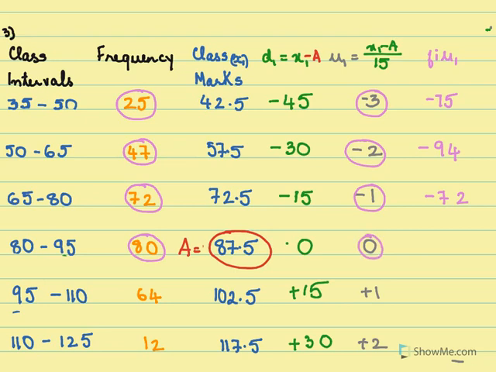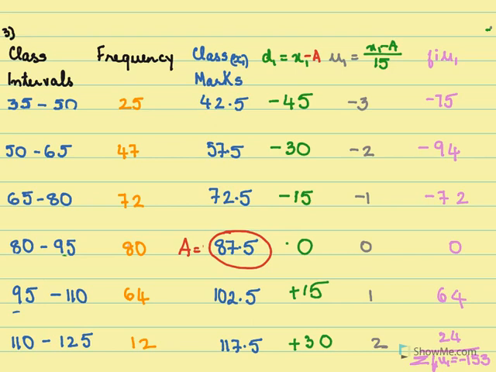Fi 80 into ui 0 is 0. Fi 64 into ui plus 1 is 64. Fi 12 into ui plus 2 is 24. When we sum up fi ui, we will get minus 153.